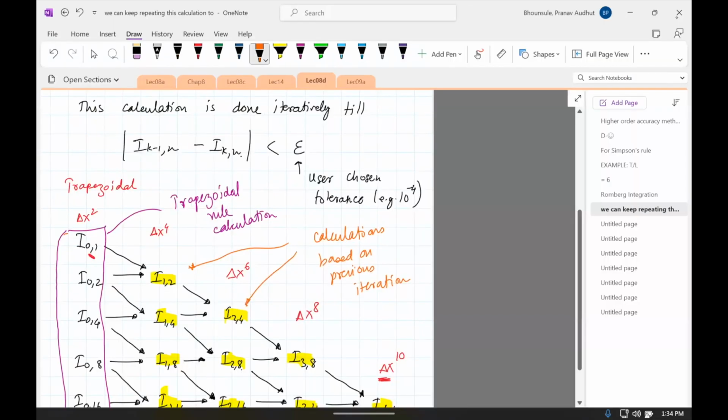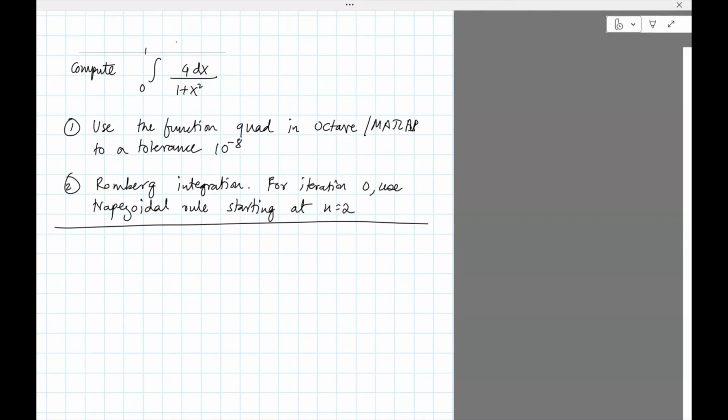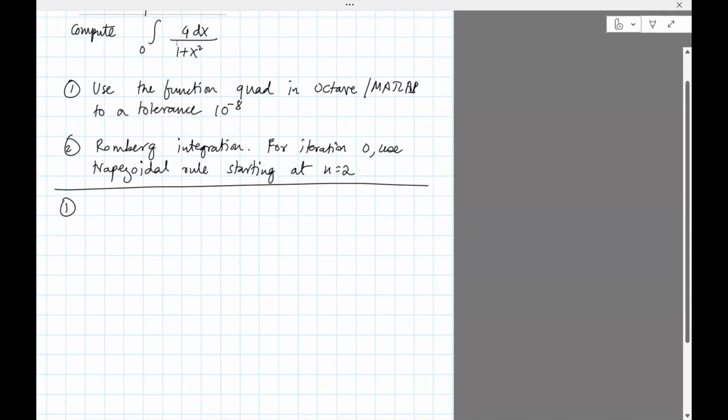Okay, so here's the problem. Okay, so why would you use quad in MATLAB? It's when you don't know the integral analytically. If you don't know the analytical solution, quad is a way of giving you the answer.